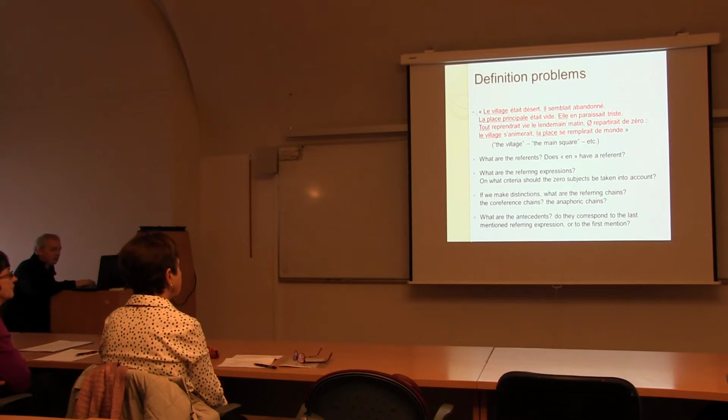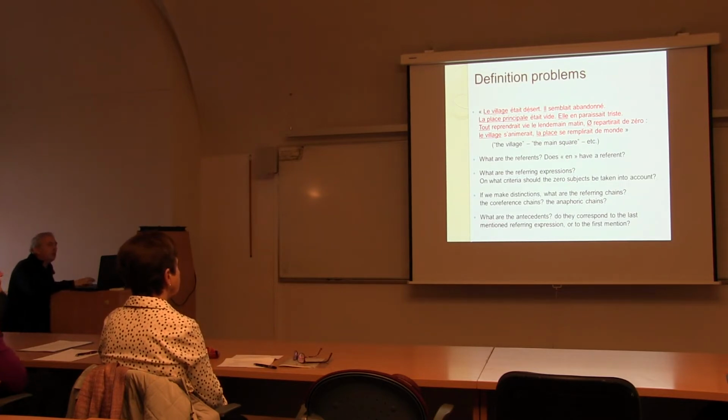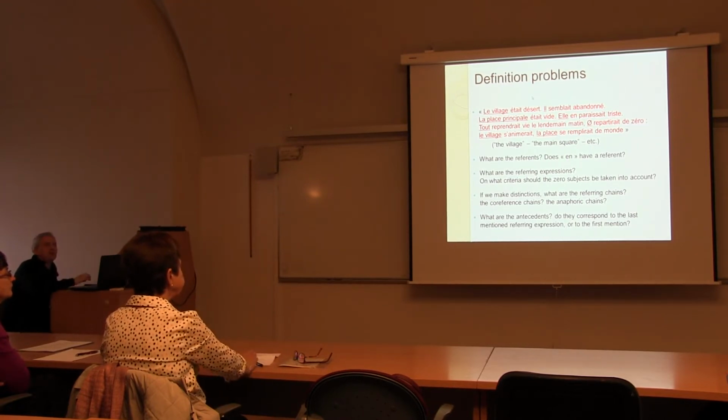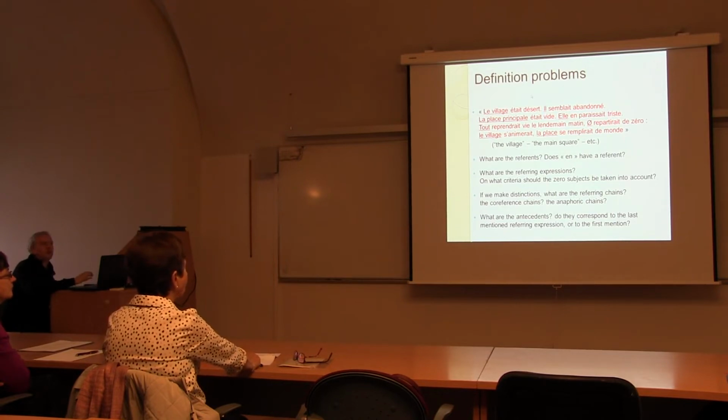Here is a constructed example, very simple, with a village, the village, blah, blah, blah, the main square, blah, blah, blah, etc. And with this text, we spent dozens of hours to state what are the references, what are the referring expressions, what are, if there is a distinction to do, the referring chains, the coreference chains, and the anaphoric chains. I take one simple example.